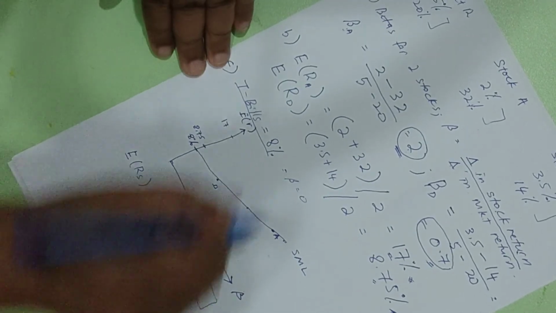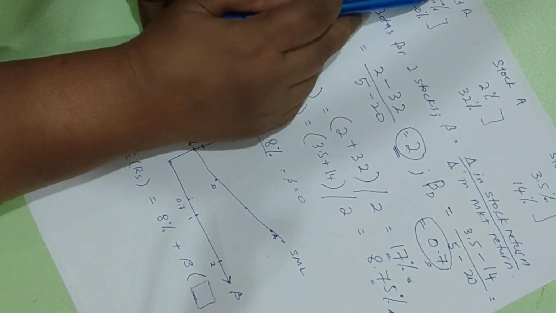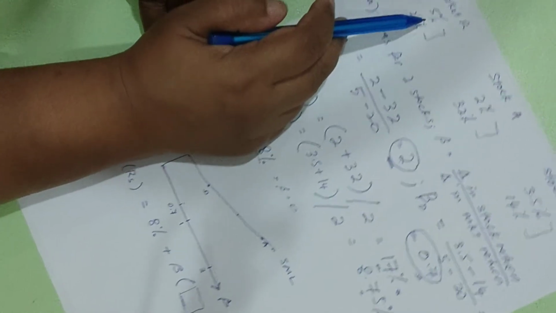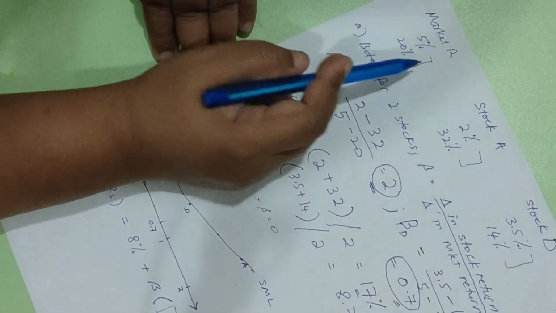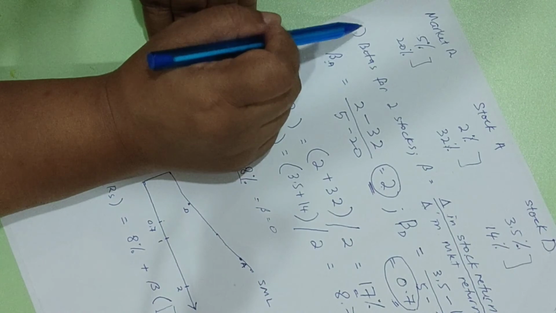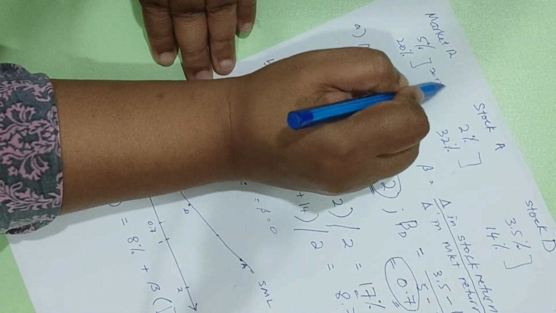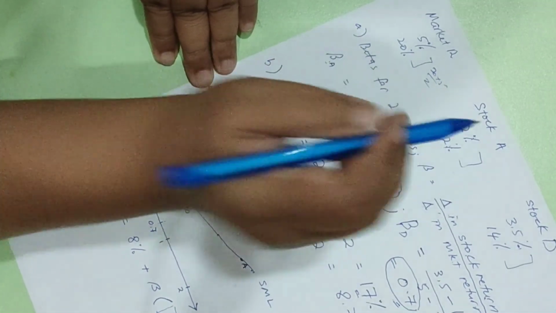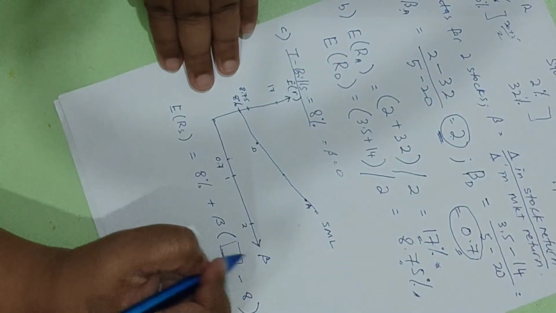So you go back to the market return figures that were given earlier, that is 20 and 5. Take the average, 20 plus 5 divided by 2, it will give you 12.5.